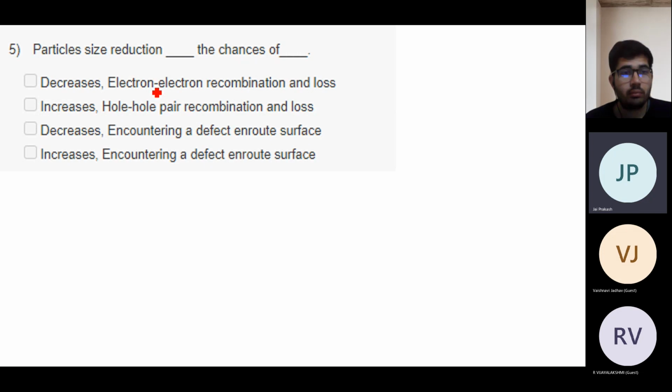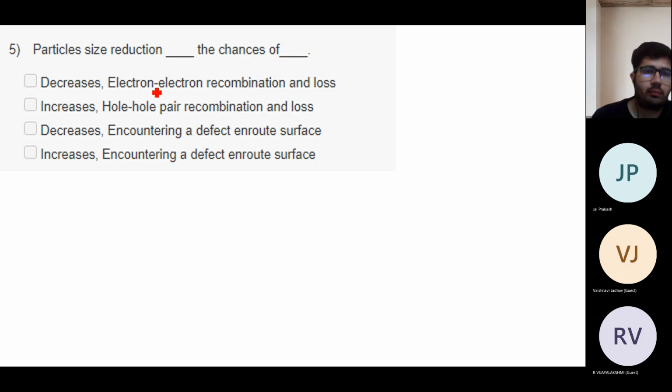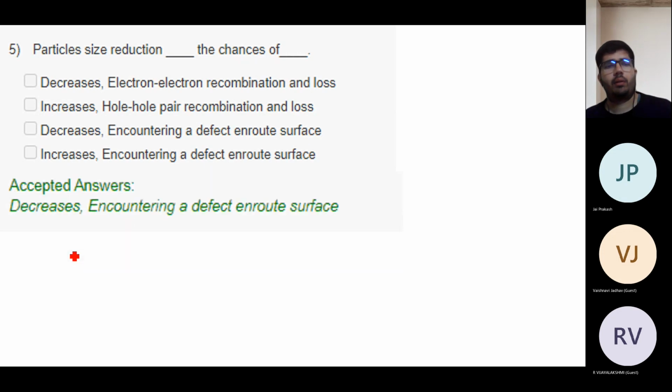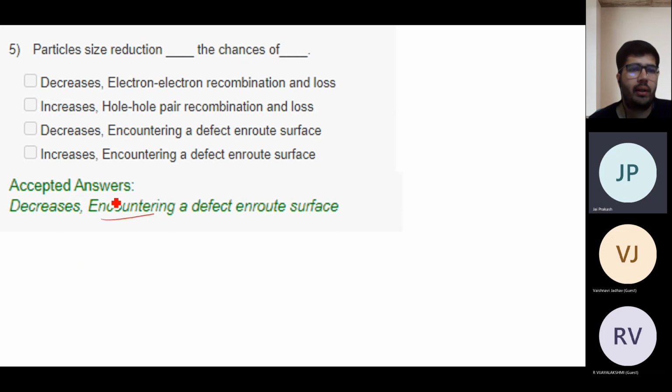It decreases the electron hole recombination. So the correct option is that particle size reduction decreases the chances of encountering a defect in the route surface.